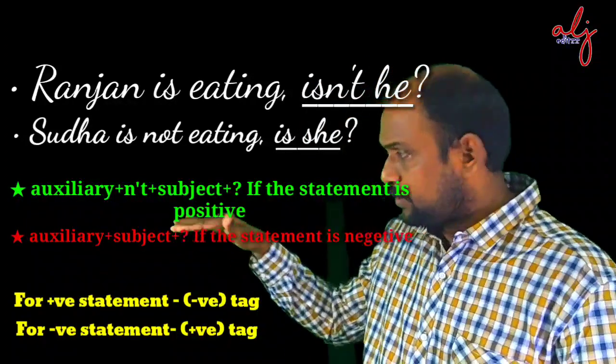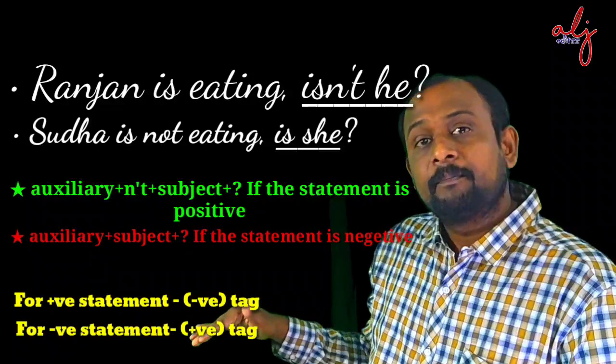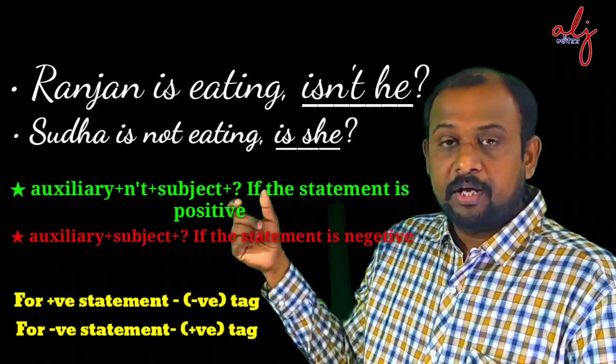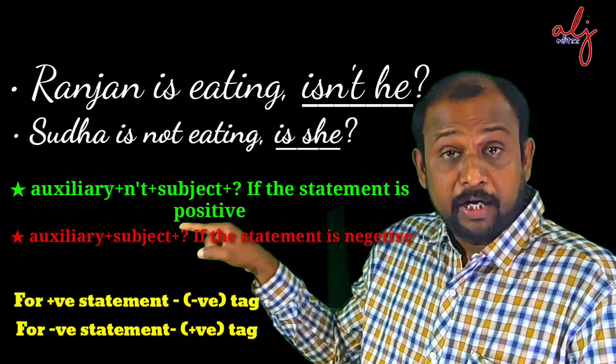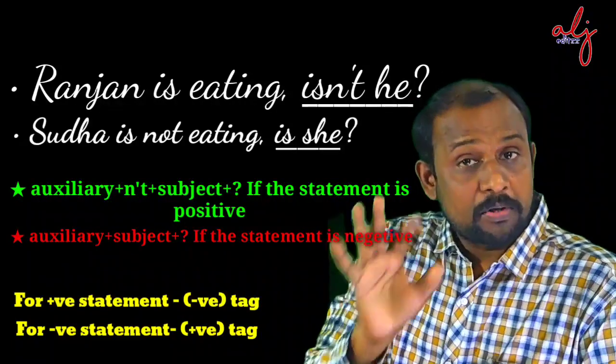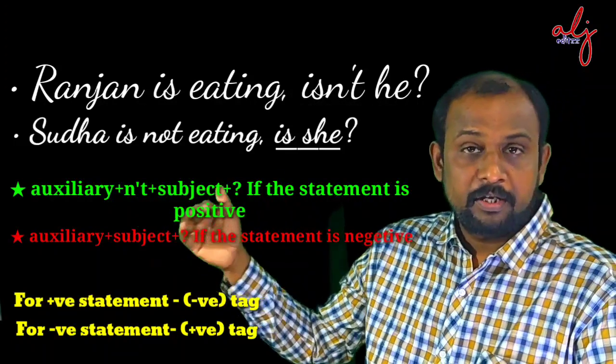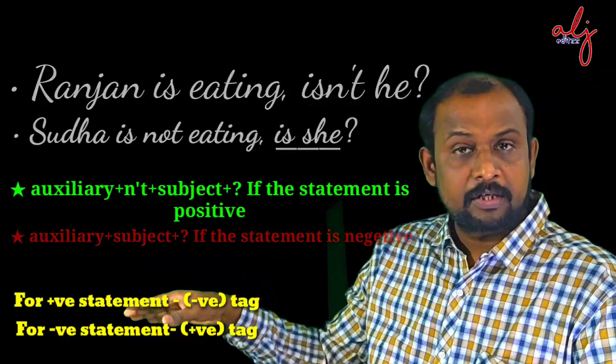So what we observe from those two examples is that for a positive statement we should apply a negative tag, and for a negative statement we should apply a positive tag. Got the point? So dear students, this is a very simple structure of the question tag. Let us now learn in detail how to apply it with some examples.